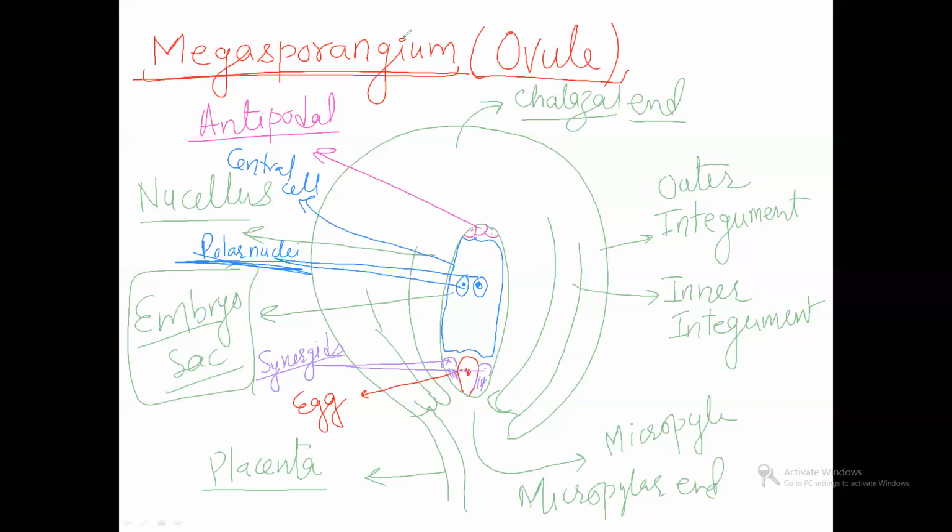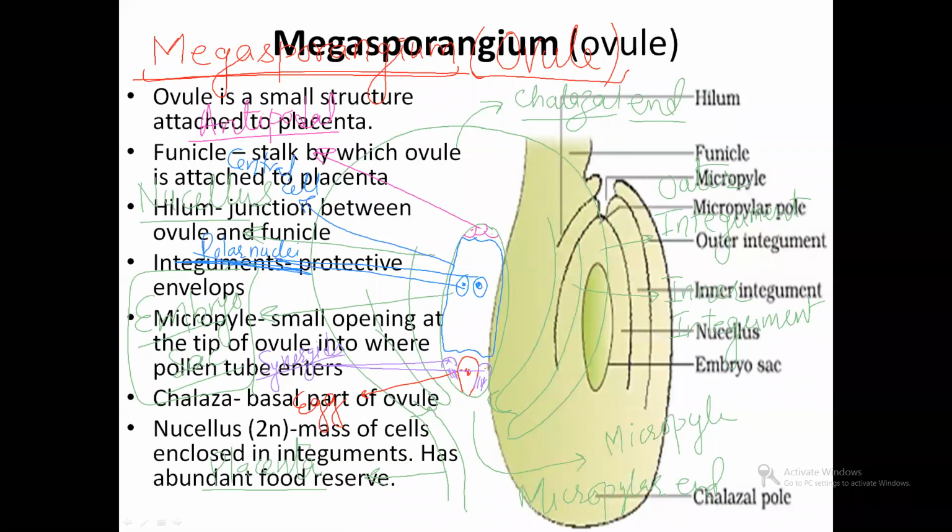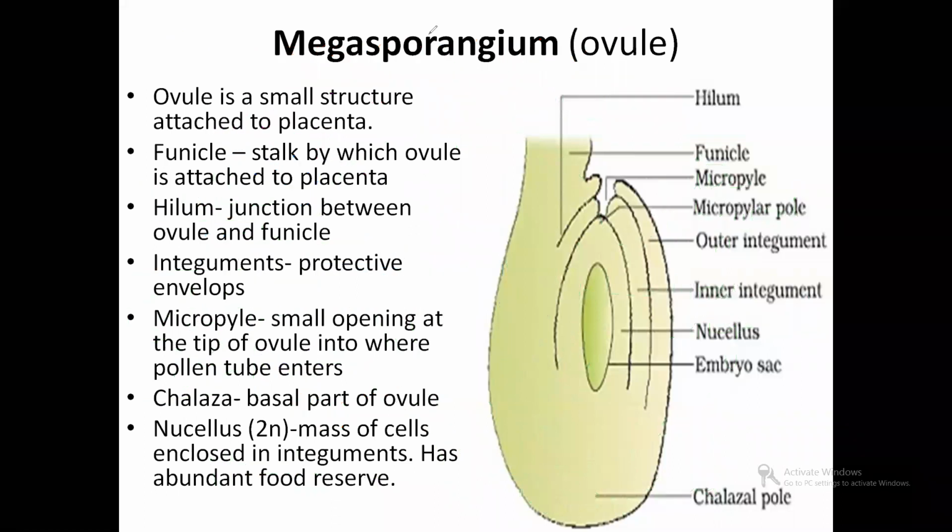Let us see the diagram given in the CBSE NCERT textbook. Look here. The ovule is a small structure that is attached to the placenta, and then to the ovary.